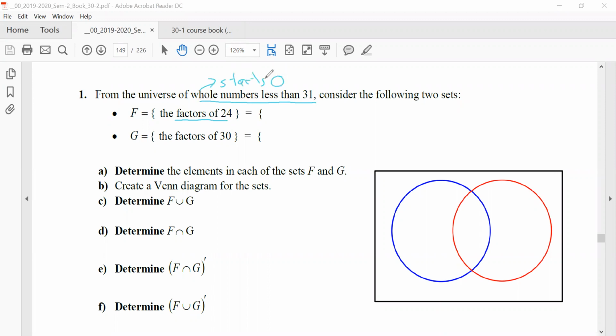Now that's not going to affect our question, but it's just good to remember. Okay, factors of 24. 1, 2, 3, 4, 6, 8, 12, 24. Factors of 30. 1, 2, 3, 5, 6, 10, 15, 30.